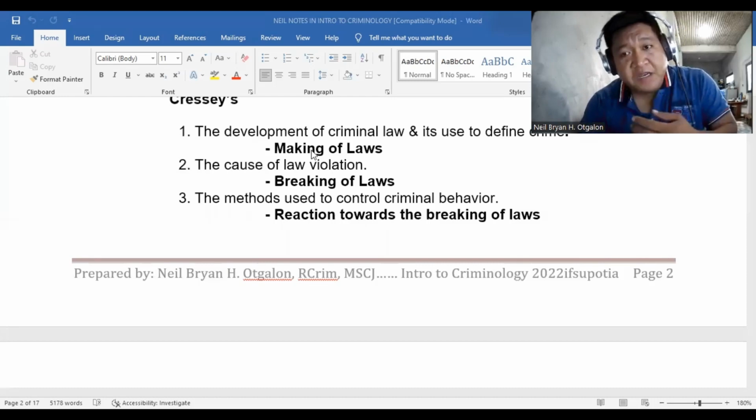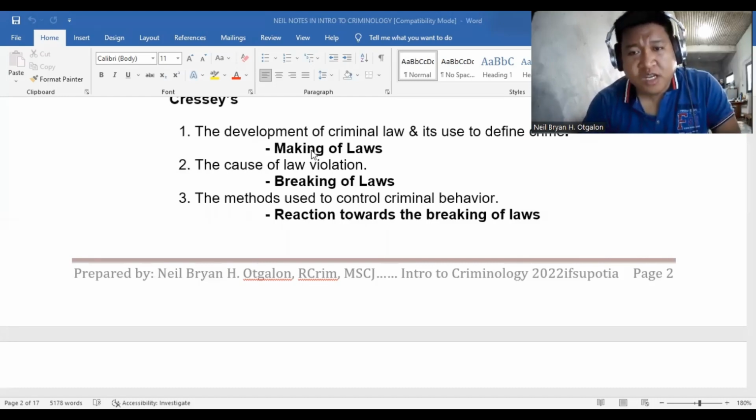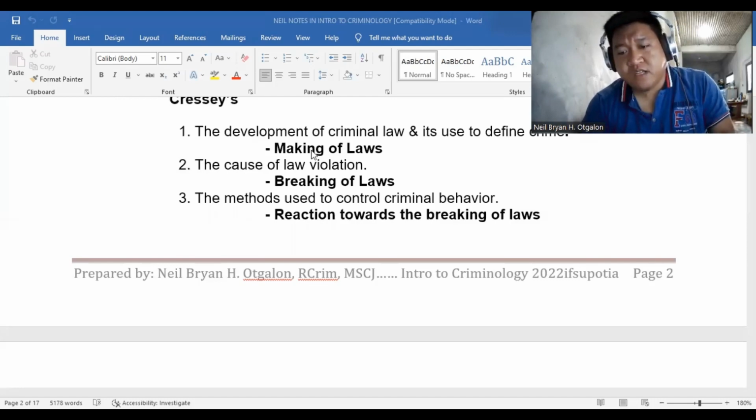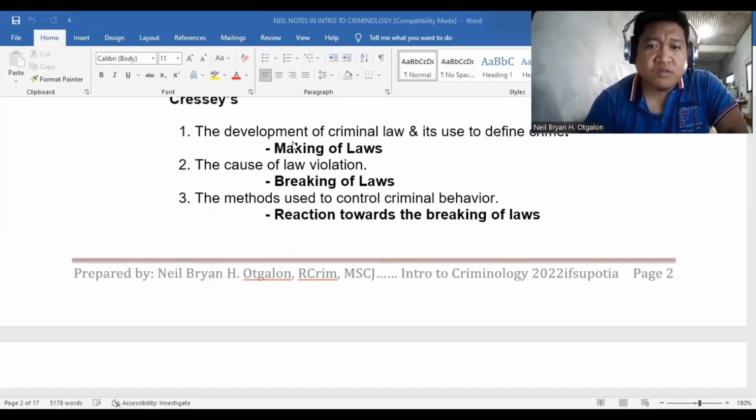Likewise, criminology also studies how laws are created. They can study existing laws to see if these laws are essential, effective, or proper. Then they can recommend the result of their studies for any changes or amendment to the law.